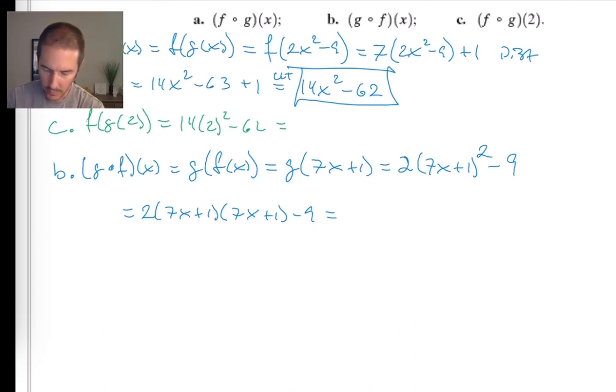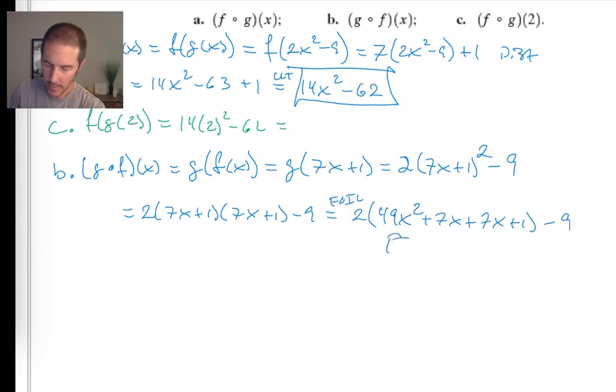That should cause you to slow down a little bit and hopefully decrease the chances of you making a mistake. So I did my foiling. Here's the F-O-I-L, and then don't forget to bring that minus 9 with you. So we've done our foiling.